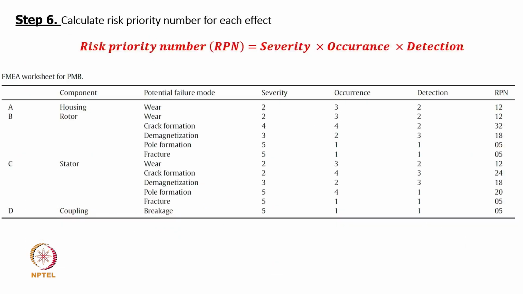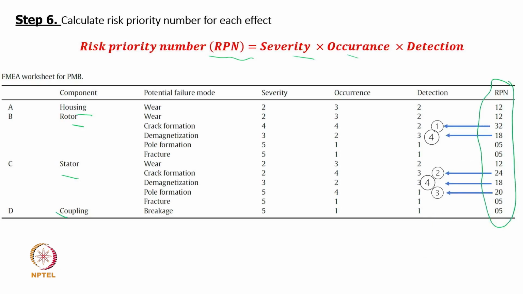So, these were the rankings, and then the overall RPN number, the risk priority number, is the multiplication of these three: severity, occurrence and detection. You can see the overall failures shown, housing, rotor, stator and coupling, and the overall RPN number has been mentioned over here.